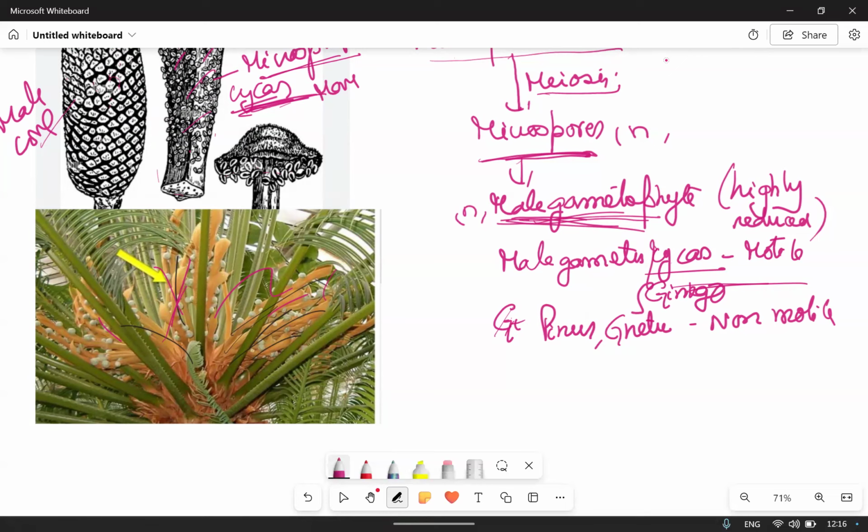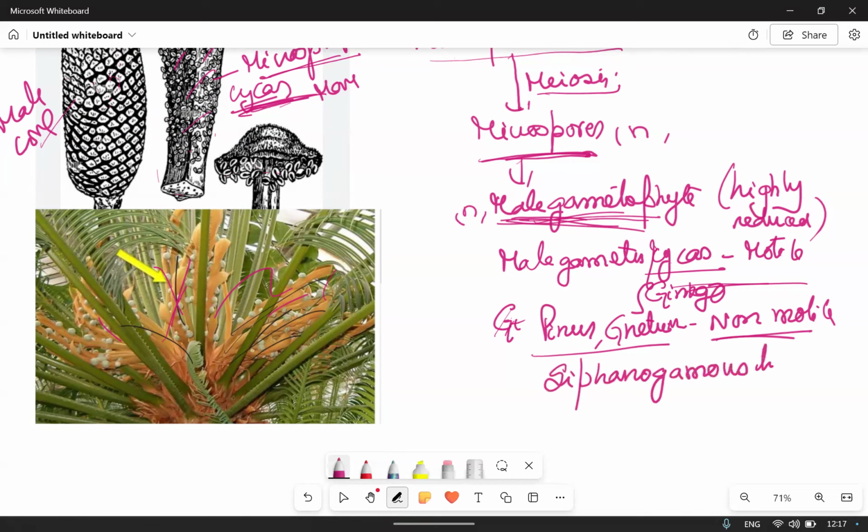What is that? Fertilization after the fusion of the male and female gametes, we know. If the male gametes are motile and move with the help of motile organs towards the female sex organ and fertilize, we call that zooidogamous type of oogamy. In the case of Pinus as well as Gnetum, we can see non-motile gametes. The pollen grain forms the pollen tube, which carries the male gametes, like angiosperms. So this is siphonogamous type of oogamy.